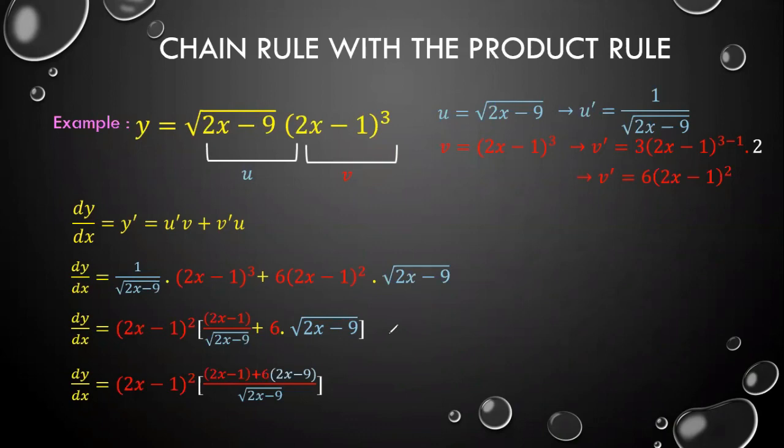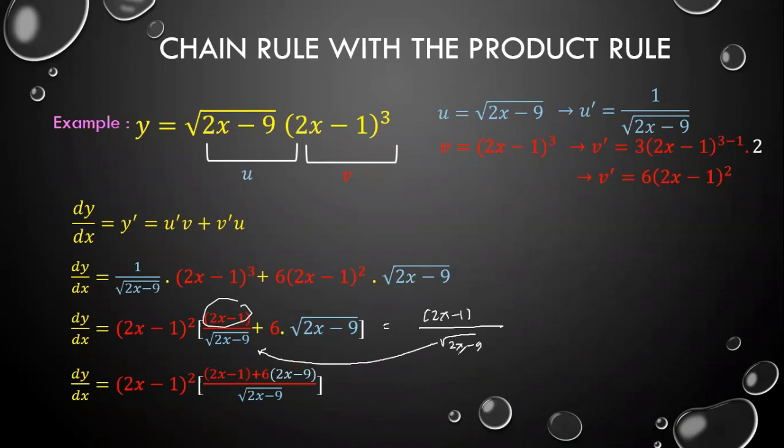We can simplify this one by using the LCM right here. For the denominator, it is root of 2x minus 9. Then root of 2x minus 9 divided by root of 2x minus 9 is 1. And then times 2x minus 1, we got here 2x minus 1, right?